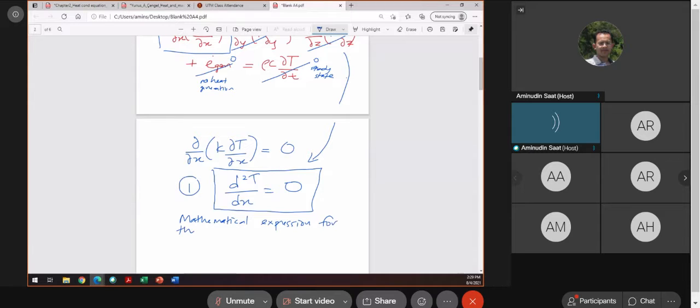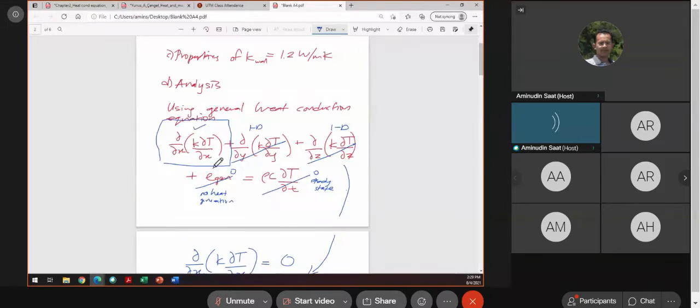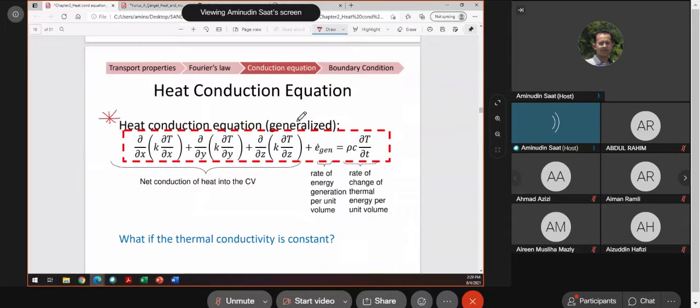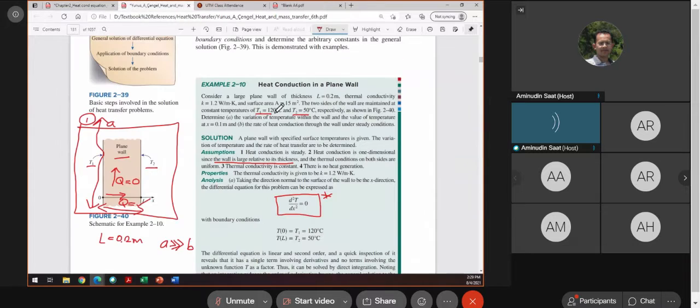Okay, with boundary condition. The boundary condition is given in the problem, so if you look back to the problem, they give you the condition of constant temperature, constant temperature of T1 and T2.